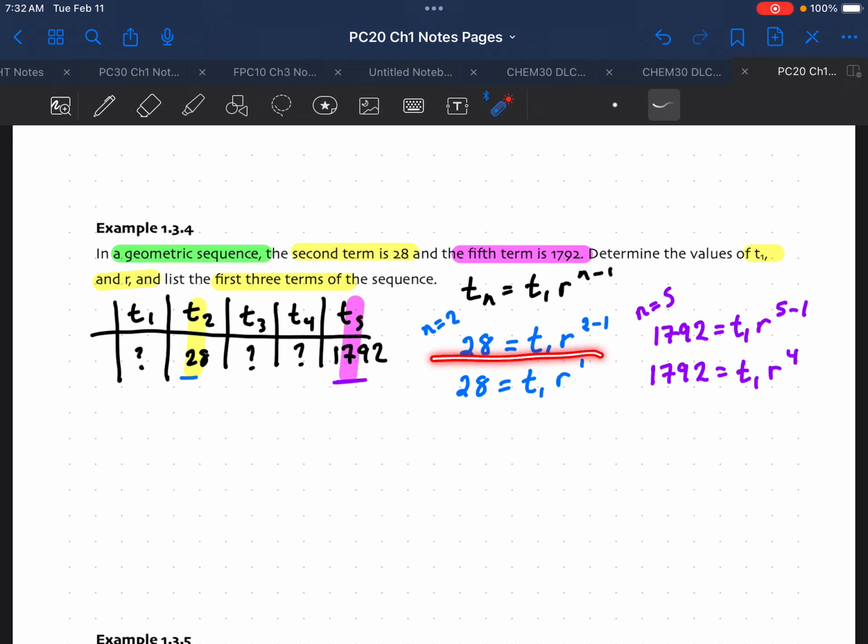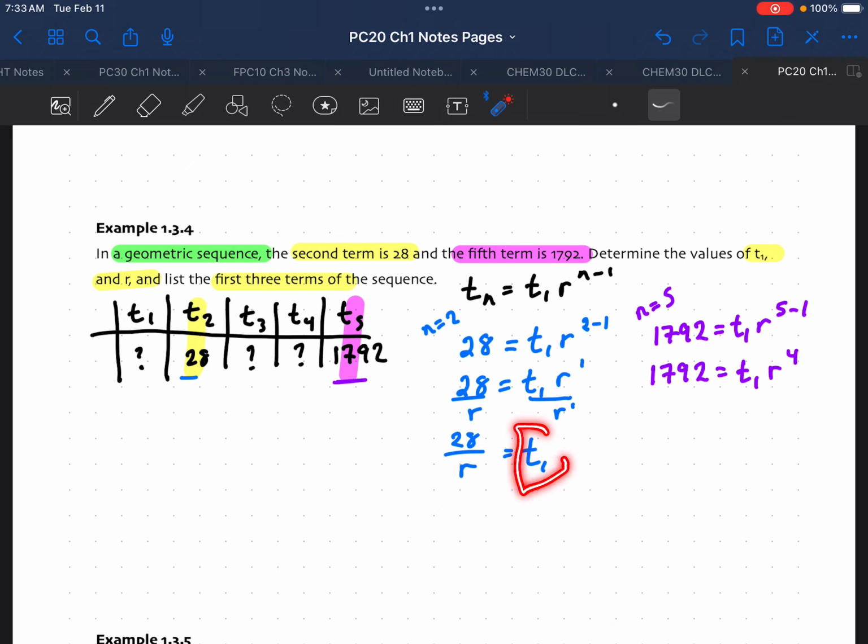So I need to find a variable that I can isolate. Well, there's a lot of variables that I can isolate pretty easily. The one that I want to isolate is term 1. So to isolate term 1, I just divide both sides by r to the power of 1, which is just r. And I get term 1 is equal to 28 divided by r.